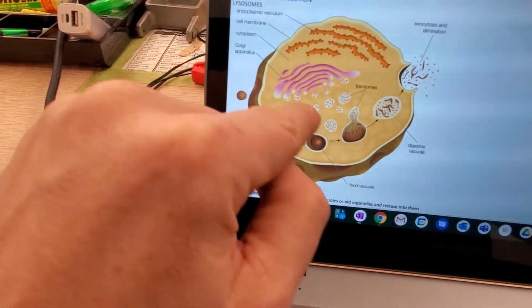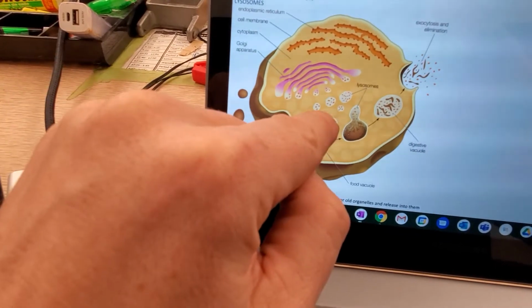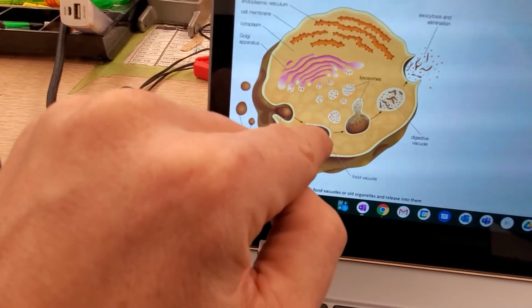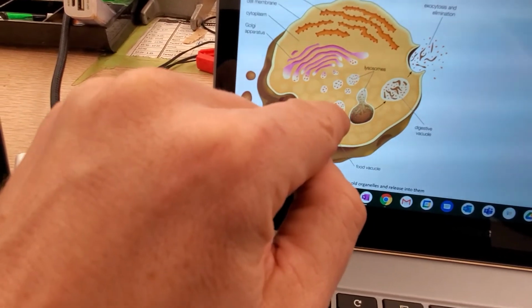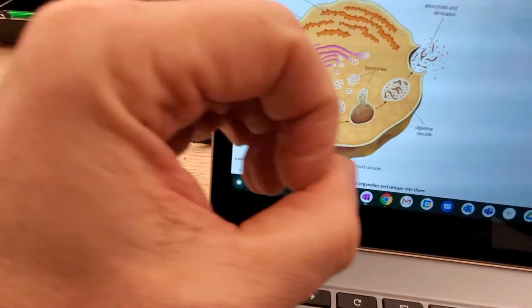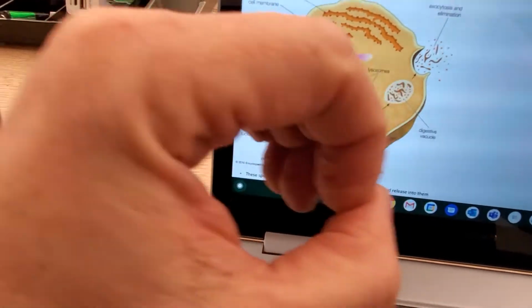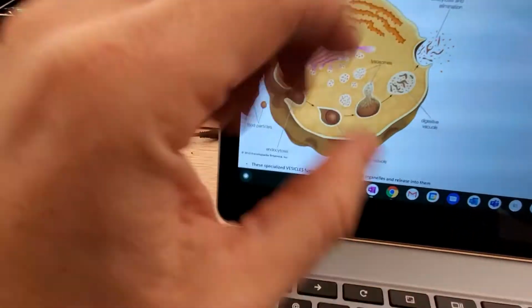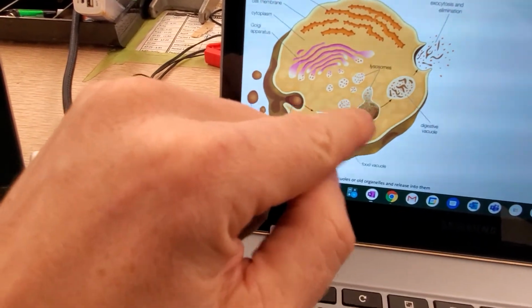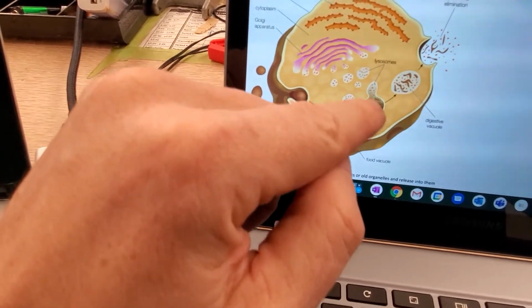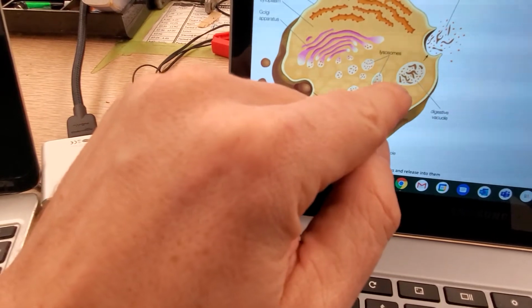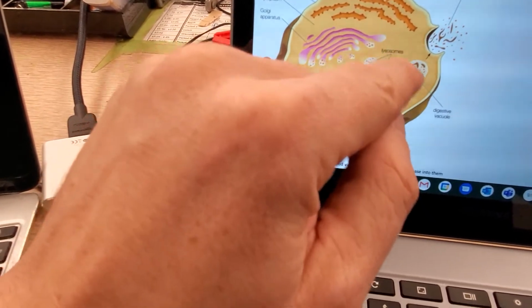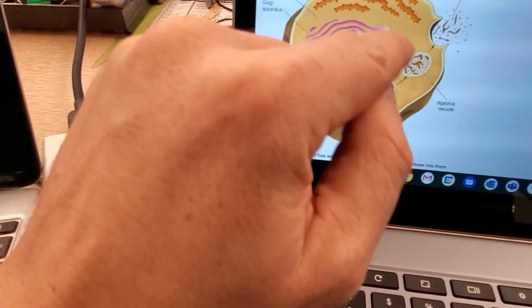Instead of merging with the plasma membrane, they merge with these food vacuoles. They join up and open up with these food vacuoles, and then those enzymes and proteins digest the food, so they break it up into little bits, and those little bits get transported out now into the cell.